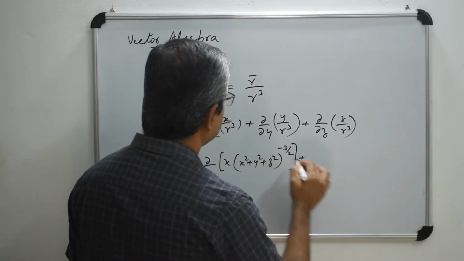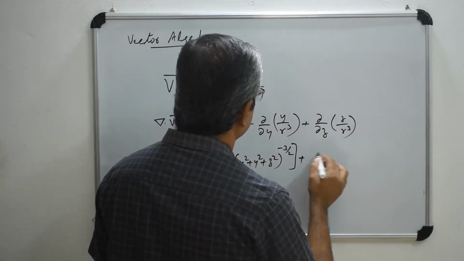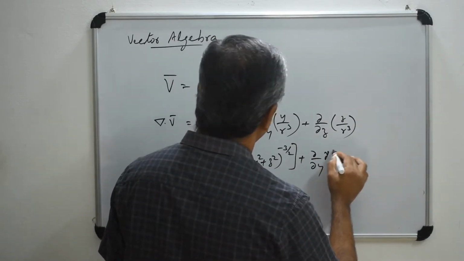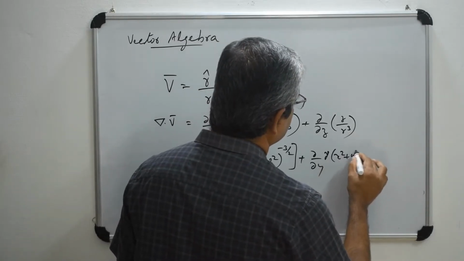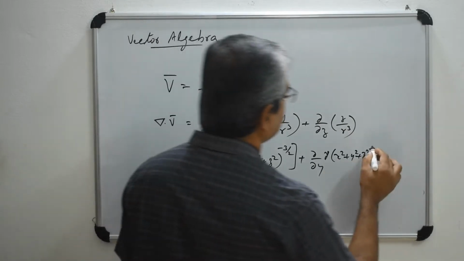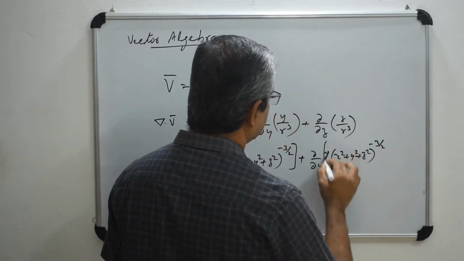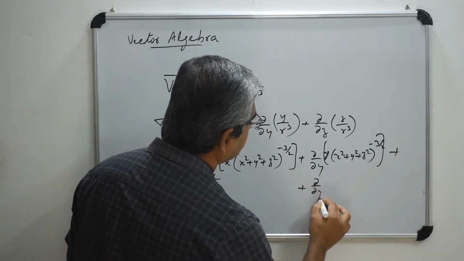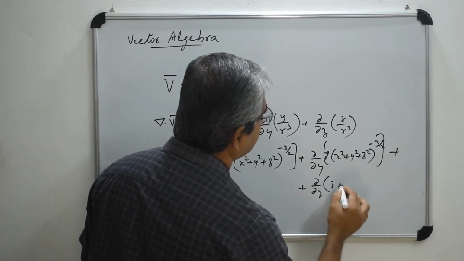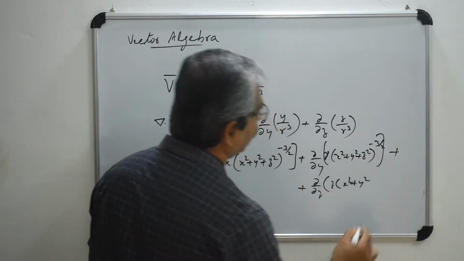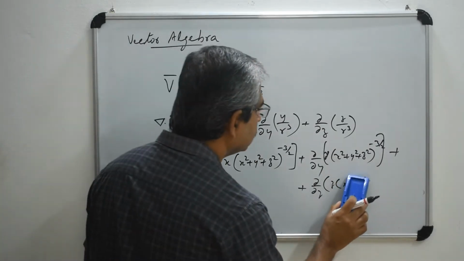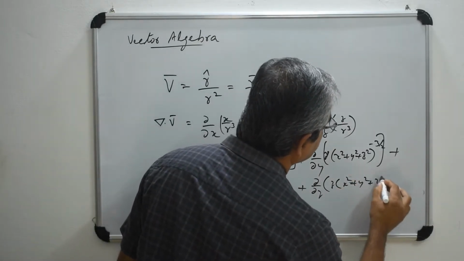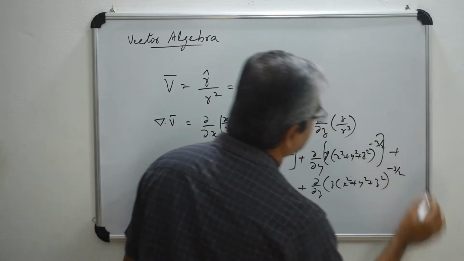Okay. Then the same thing for the y and z parts, that is dou by dou y of y into x square plus y square plus z square raised to minus 3 by 2, plus for the third one, dou by dou z of z into x square plus y square plus z square raised to minus 3 by 2.